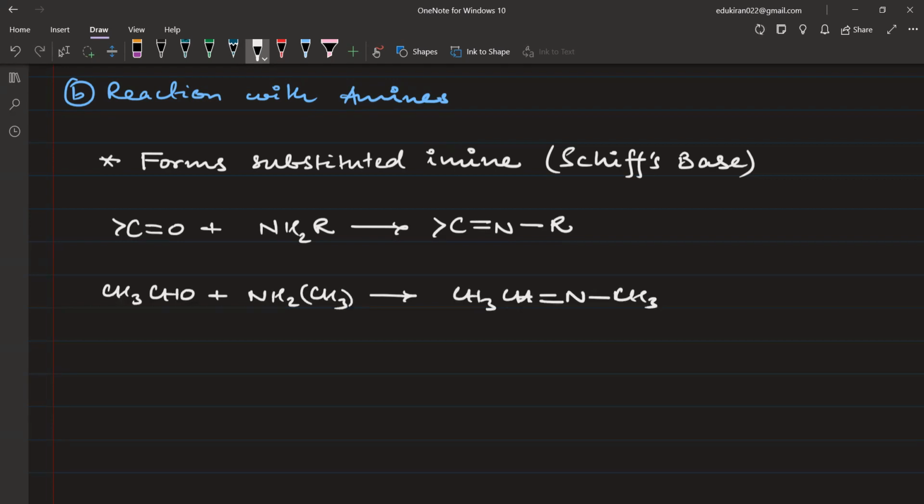The alkyl group is the Z. If you have ketone, NH2CH3, the C double bond O will be replaced by C double bond N, followed by the alkyl group CH3.